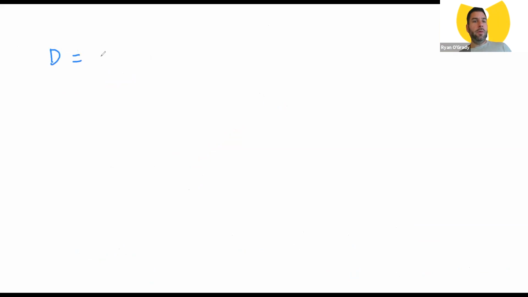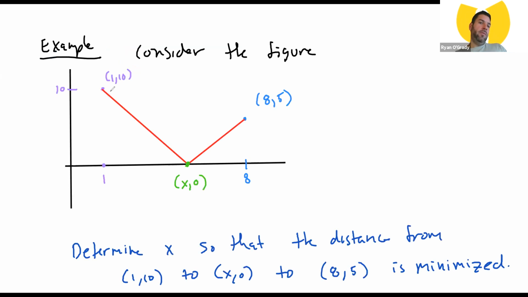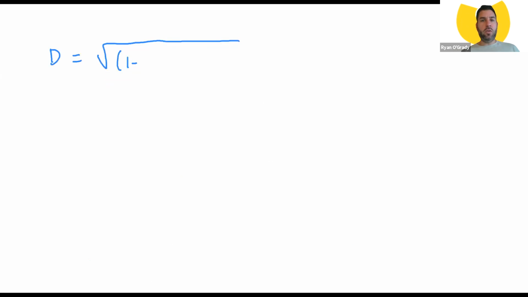that we're interested in. First, we have the distance between (1, 10) and (x, 0). So this is 1 minus x. If you go back to the picture, first you have 1 and then it's minus x. Yikes. But we can flip that because it's squared. So we're going to write it like this so there aren't so many negative signs: (x minus 1) squared plus, and then what's the y coordinate?